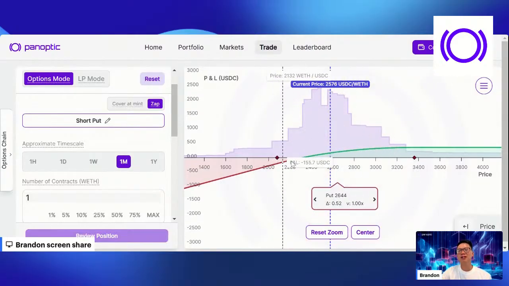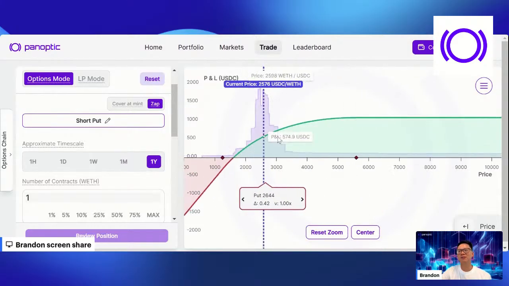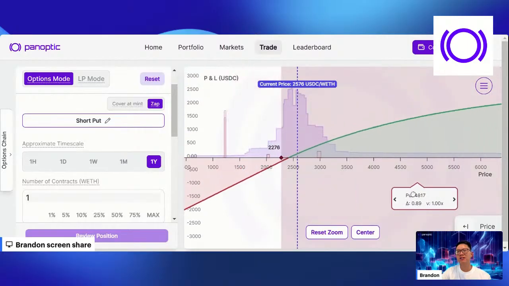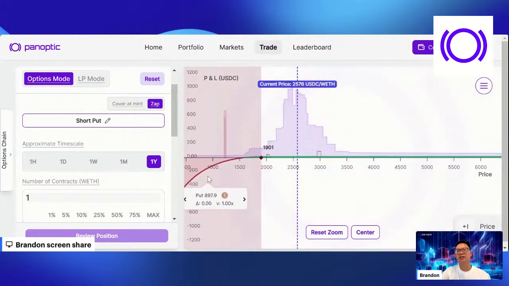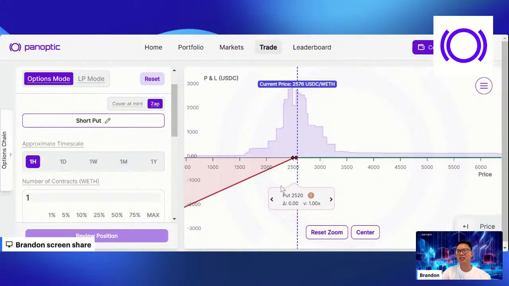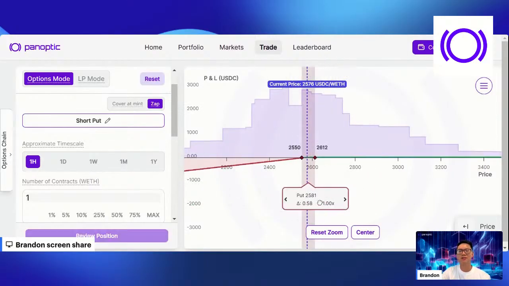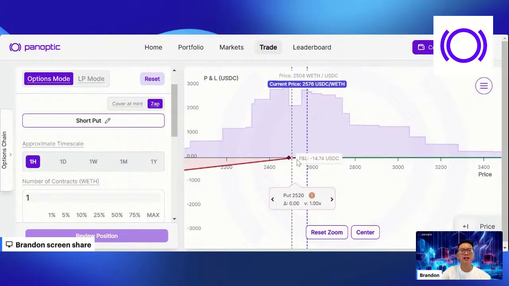Now, the gamma is how curvy this object is. So you notice this position, for example, is very, very gradual. It takes a long time for the delta to go from here, which is 1, all the way to here, which is 0. Whereas for a position that's very, very tight, like an LP position that you LP plus or minus 1%, the delta goes from 1 over here, and it just takes a little bit of price moving for the delta to go to 0.